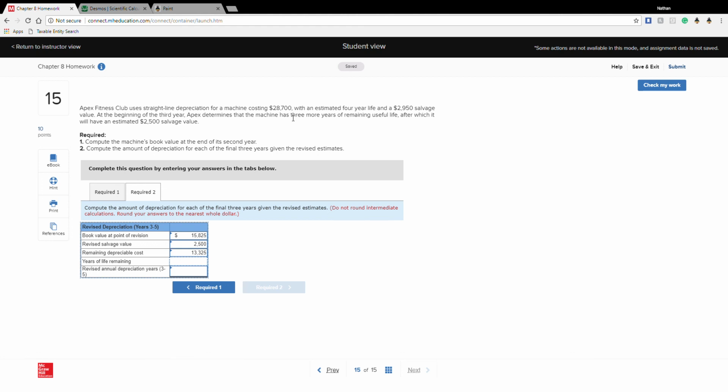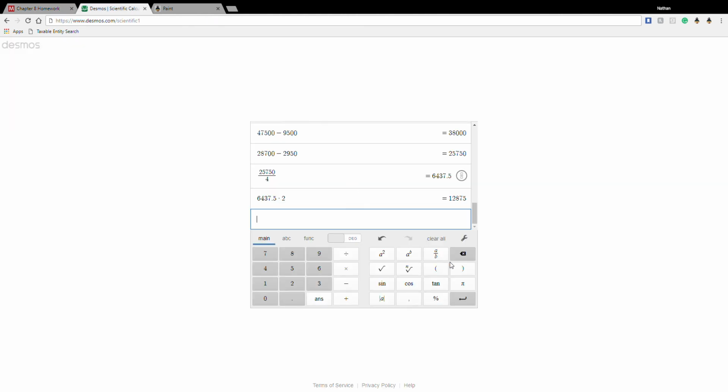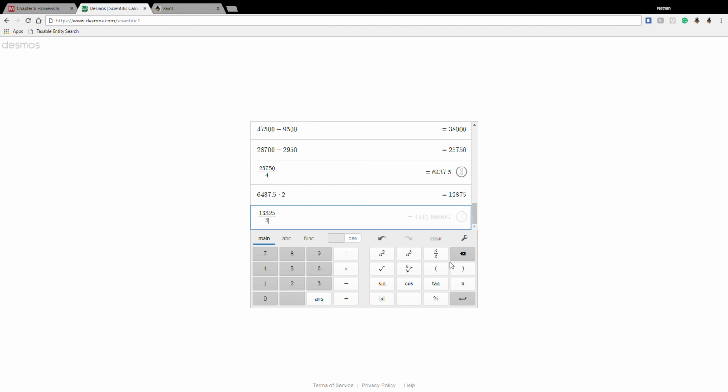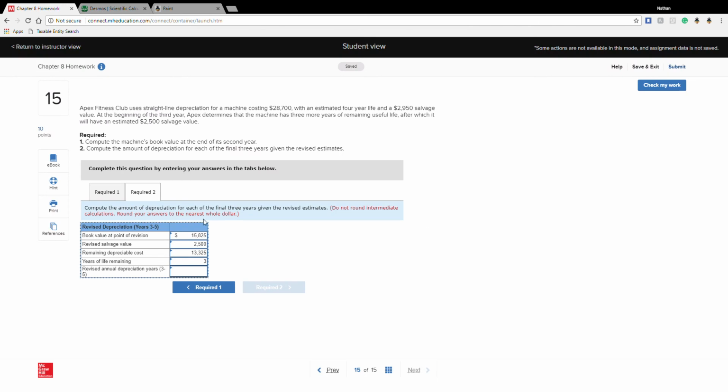From here, it says that the machine has 3 more years. So it's only going to have 3 years, and then find the annual depreciation, which of course is 13,325 divided by 3 years. So round to the nearest whole dollar.